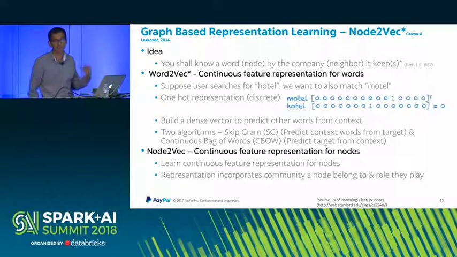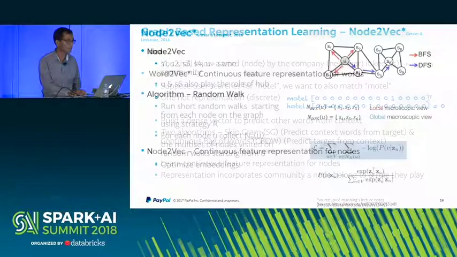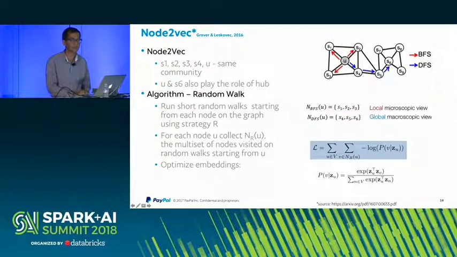Just like word2vec learns a vector representation for words, this learns a vector representation for node elements in a graph. The key contribution of this research work is how it learns a representation for the nodes.